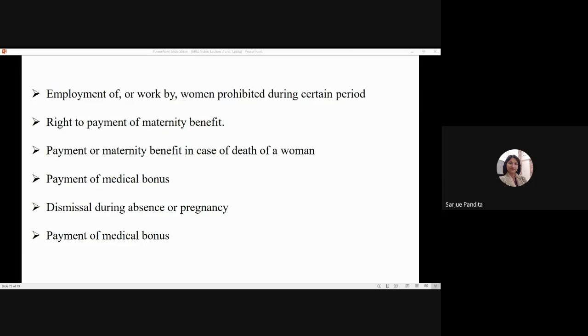The Central Government may, from time to time, by notification in the official gazette, increase the amount of medical bonus, subject to a maximum of 20,000. That means the maximum bonus which a person can receive is 20,000. But under the National Food Security Act 2013, pregnant women and lactating mothers are entitled to receive maternity benefit of at least rupees 6,000.